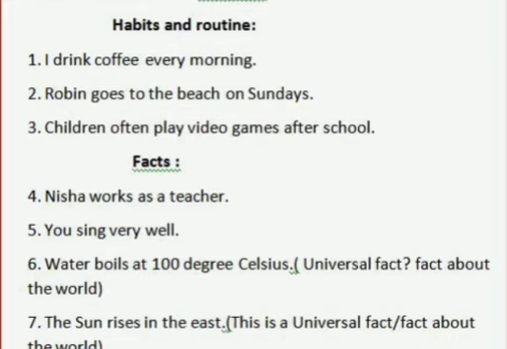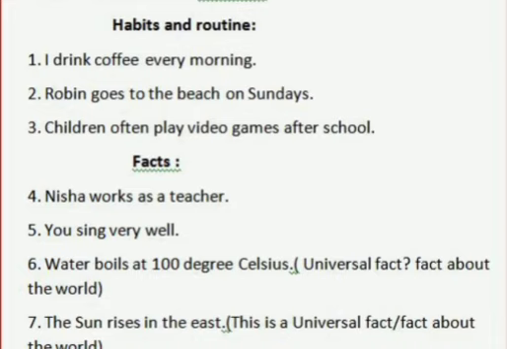At the very beginning of this session, I told you about he, she, it. Robin here means the personal pronoun is he, right? The gender is he, so we add s or es. That means go plus es. That's why we have written Robin goes to the beach on Sundays. That is a routine. He used to go every Sunday.